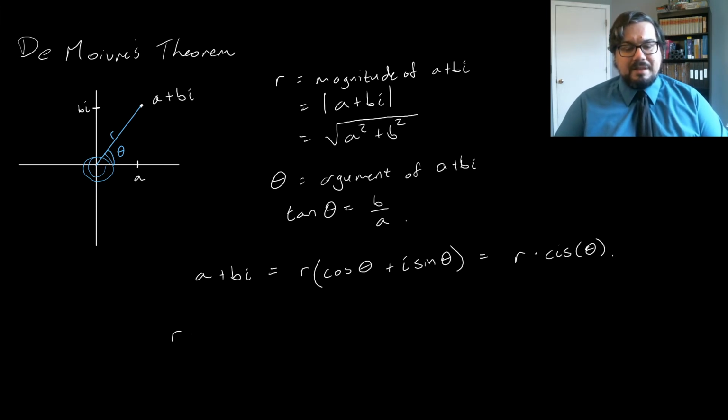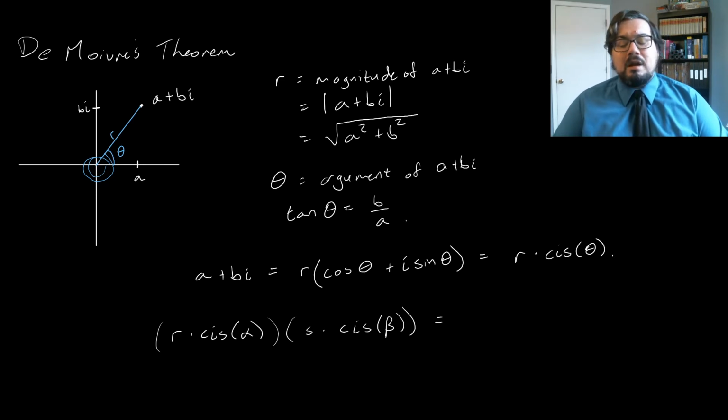We have that if we have one complex number, r times cis alpha, and this complex number is multiplied by another one, s times cis beta, then the product of these two numbers is r times s times cis of alpha plus beta.